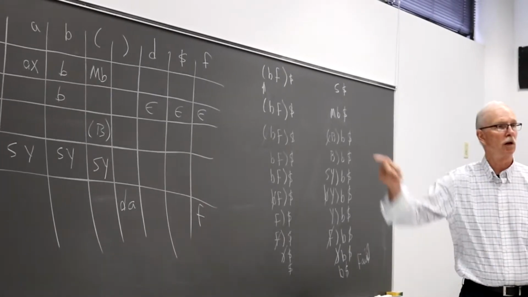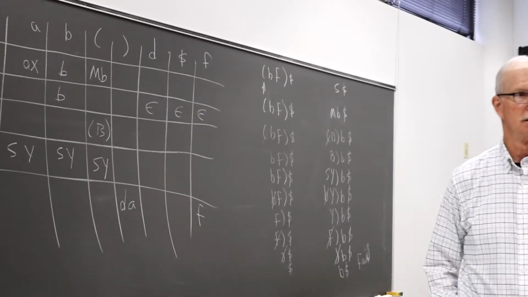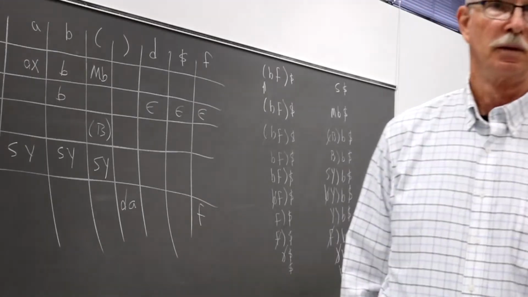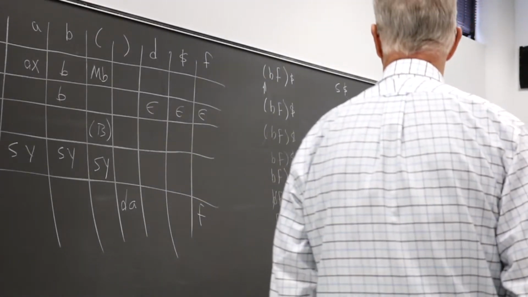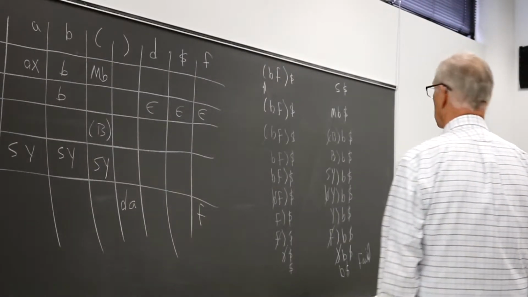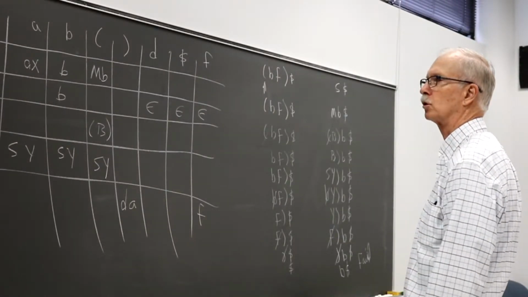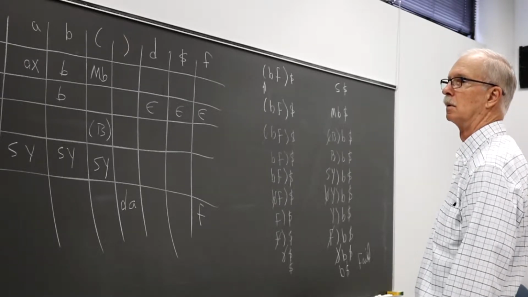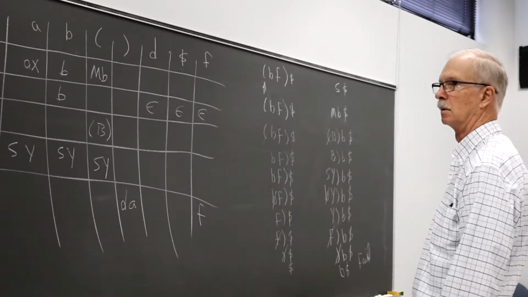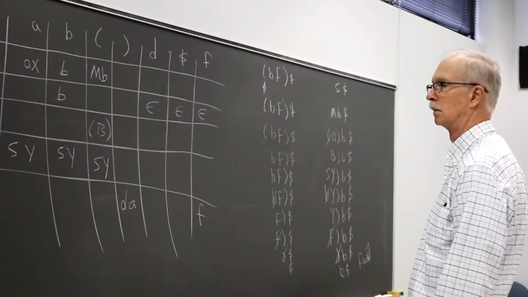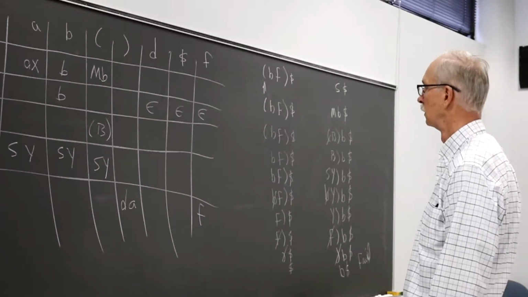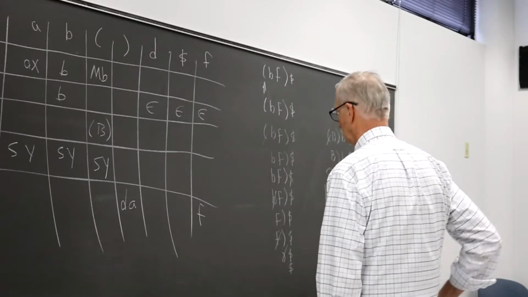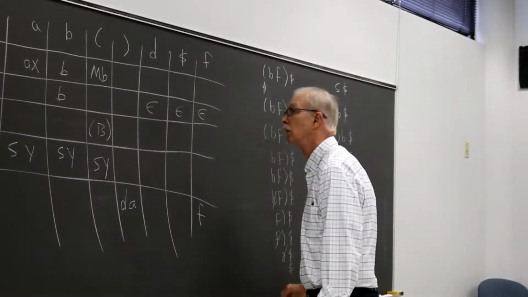I must have screwed up my derivation after all. Kevin? The table doesn't look right? Yeah, under Y. It looks like the DA should be in the cell just to the right of it. Should that be under D?